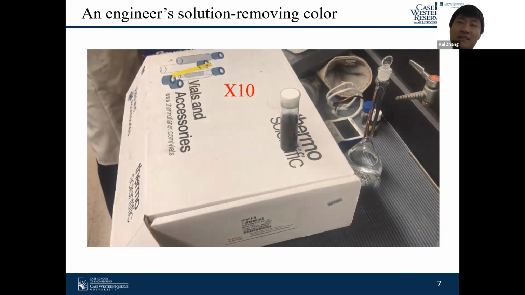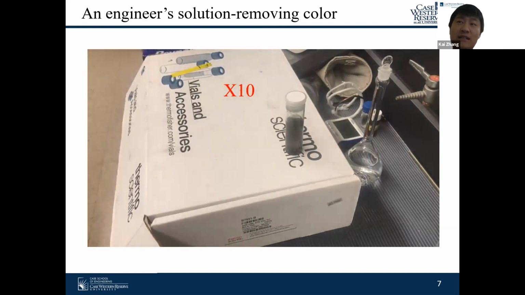So now it's 10 times the speed. You can see the blue color is almost gone, right? For this method, we generally refer to it as adsorption, and that's exactly the topic my research focused on.